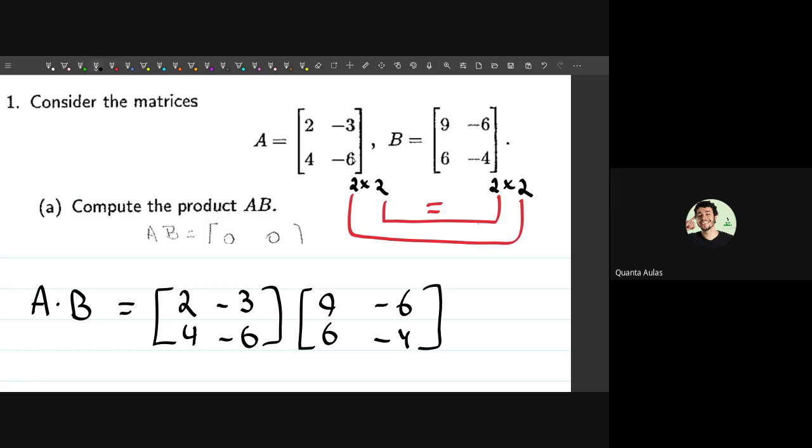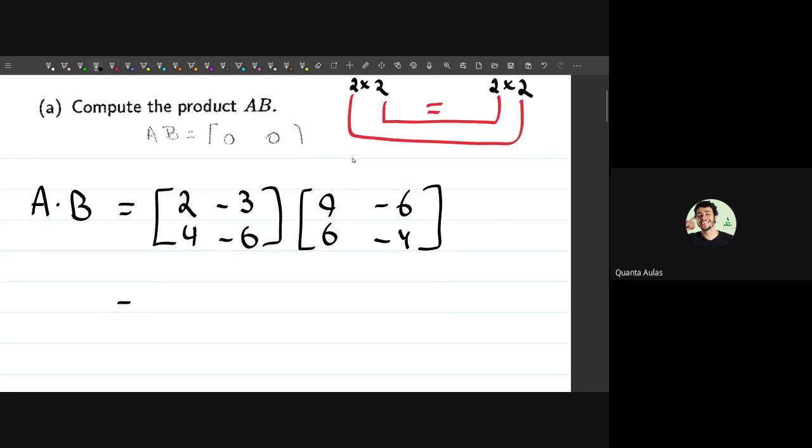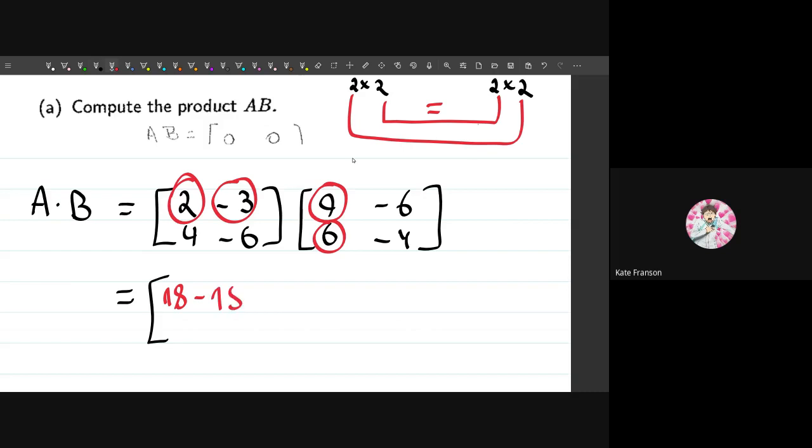First, we need to take this number and multiply by this number. We put this answer here, 18, plus the multiplication of this number and this number. First line, first row.